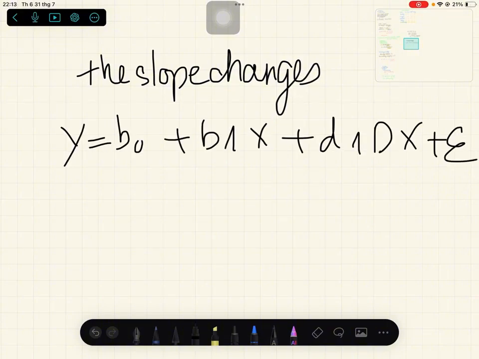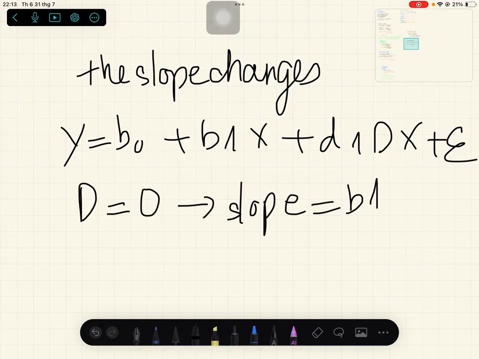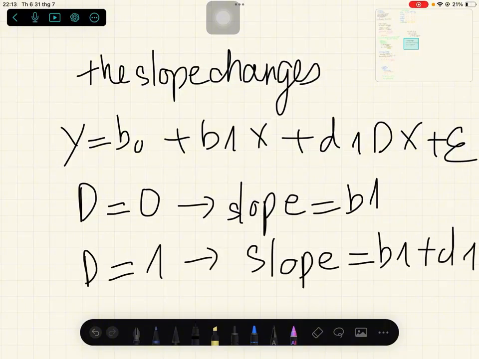When D equals 0, the slope is simply beta 1. When D equals 1, the slope becomes beta 1 plus delta 1. So the category changes how strongly x affects y.